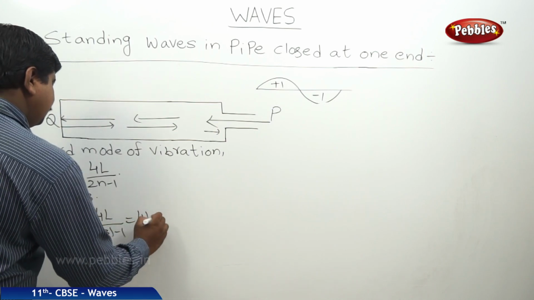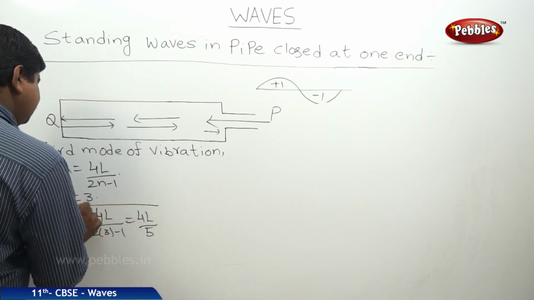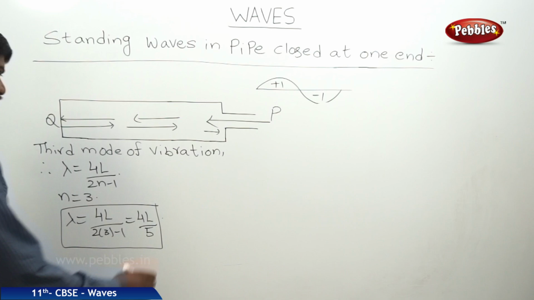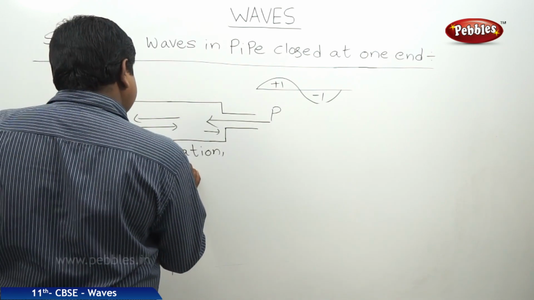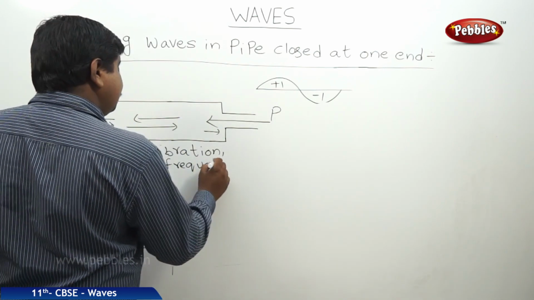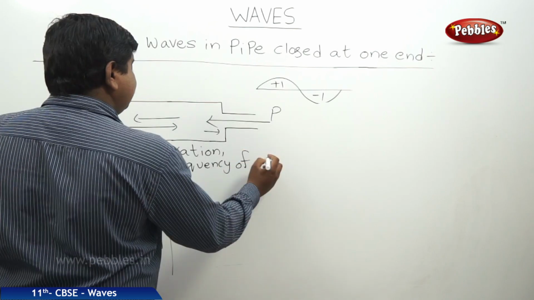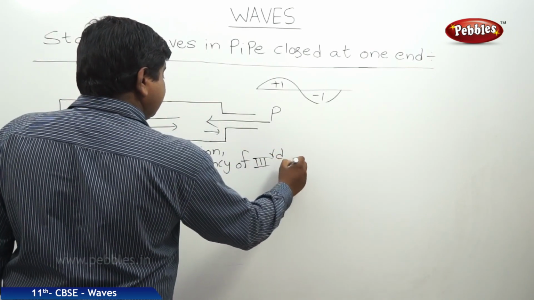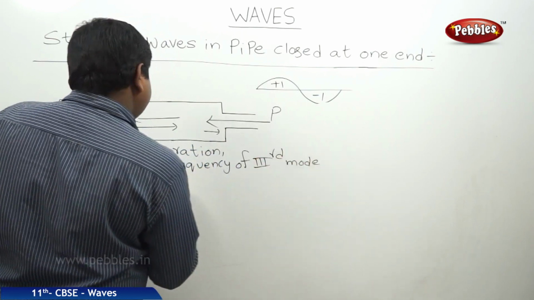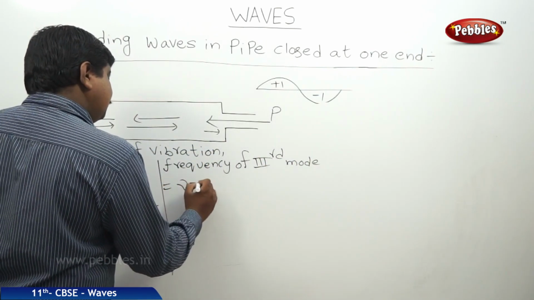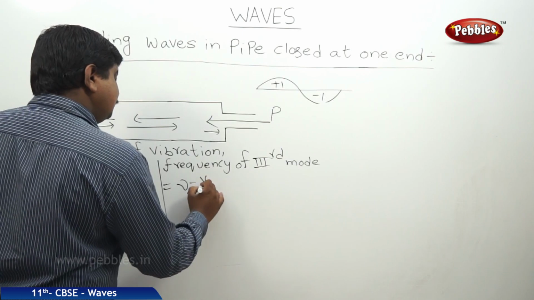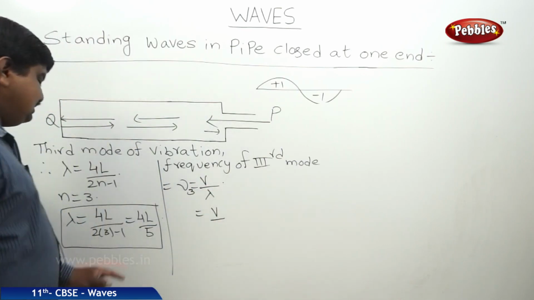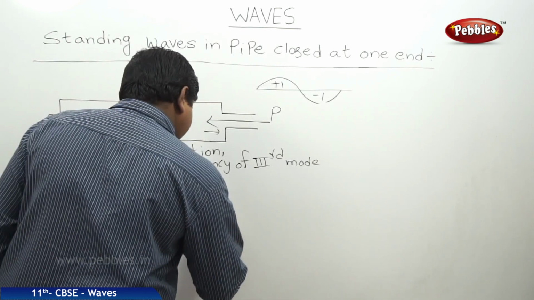This is equal to 4L by 5. So this is the wavelength in the third mode of vibration of a standing wave. Now we will find out the frequency. So therefore, frequency of third mode, nu 3 is equal to V by lambda. Therefore it is V by, what is lambda? 4L by 5.